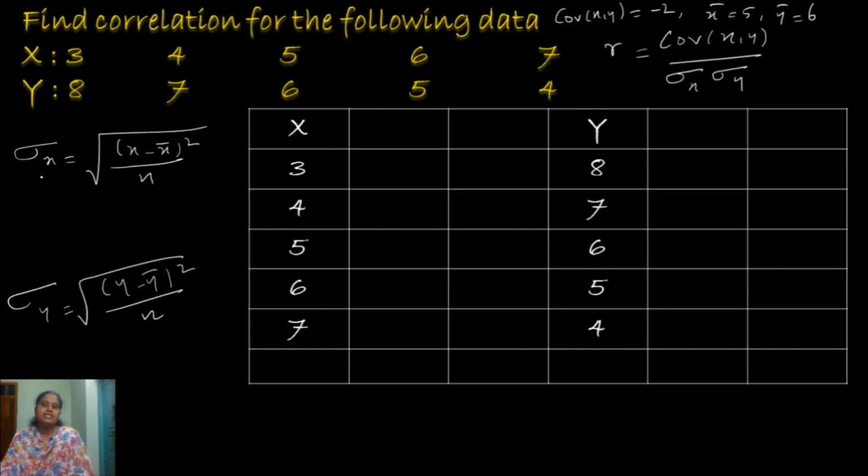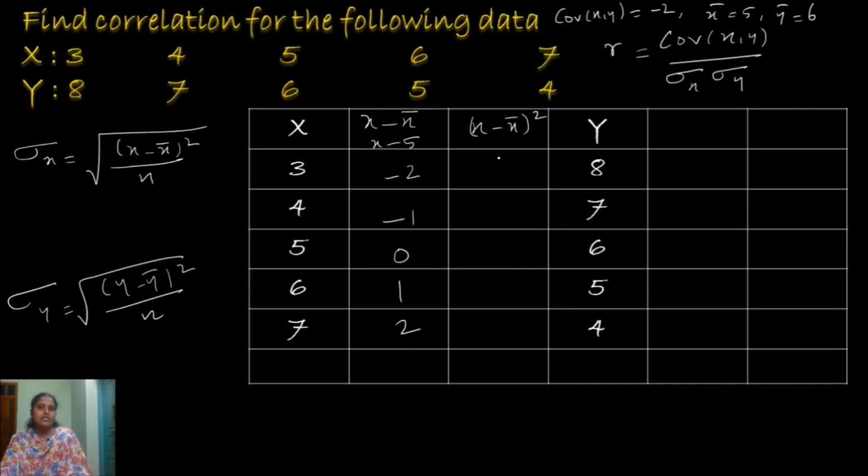For calculating the standard deviation of x, first I have to calculate x minus x bar. So that is x minus x bar. Then I have to take the square of that value. So here x bar is 5. So if you subtract all values of x minus 5, we get 3 minus 5, minus 2, 4 minus 5, minus 1, 0, here 1 and 2.